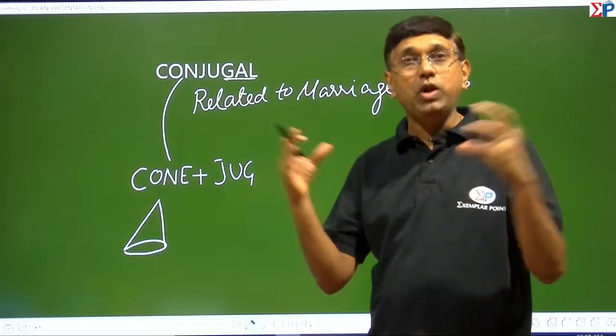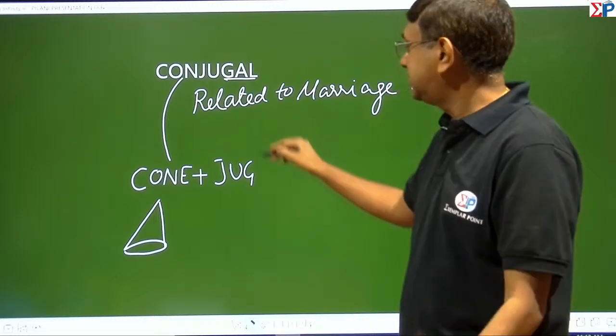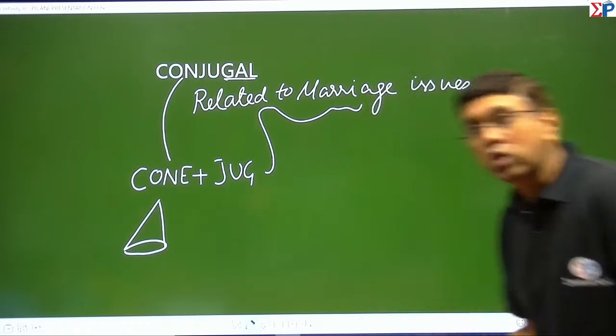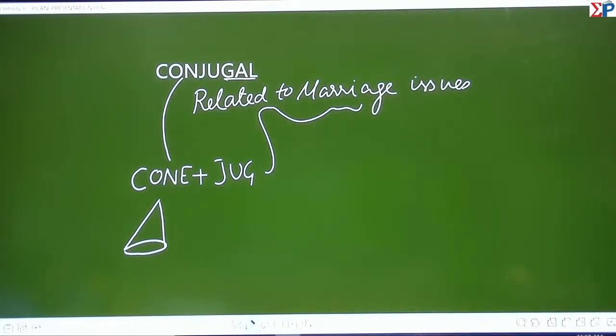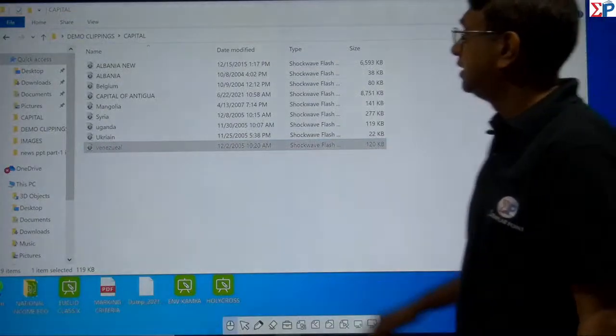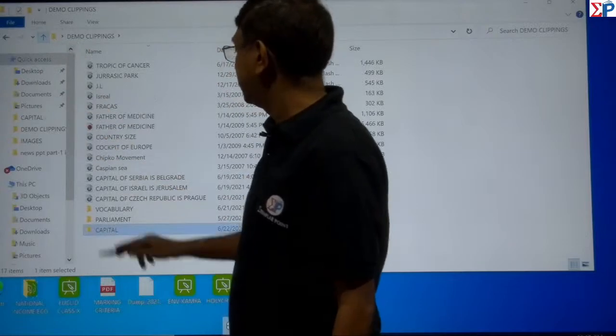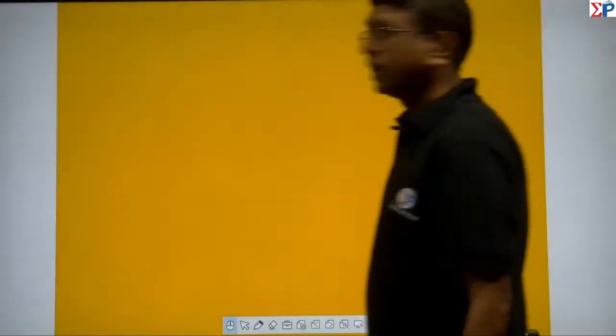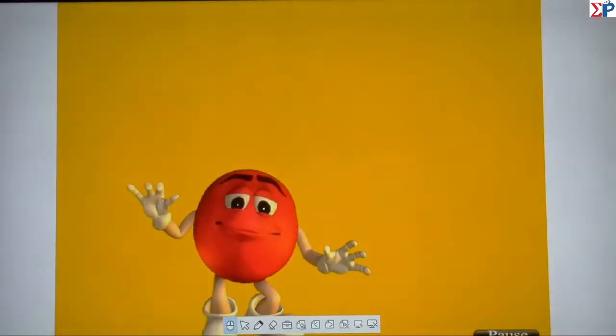So then cone and jug decide to get related to each other by marrying. So conjugal is related to marriage issues. Okay, let's have a watch of this and see how interesting that can be made. Okay, here is conjugal for you.